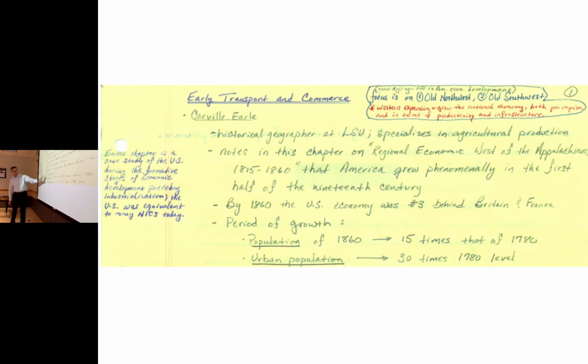And the focus here is on a period when the population of the United States grew from its initial, let's say, 1780 level, 15 times in terms of population and 30 times in terms of urban population.